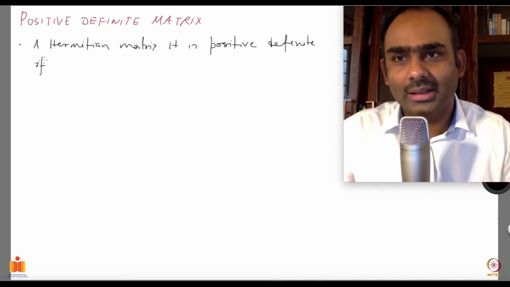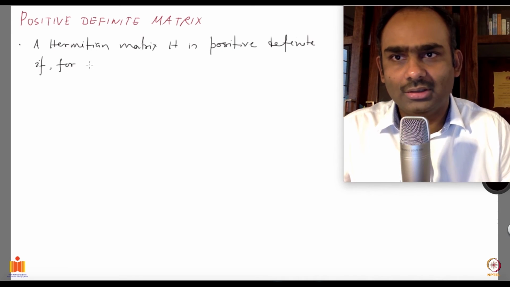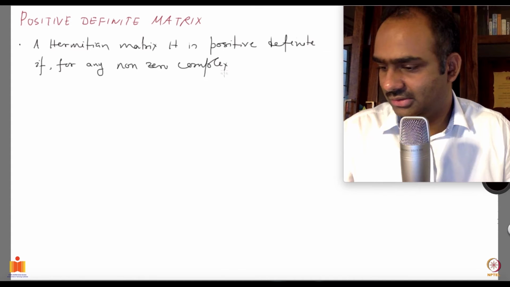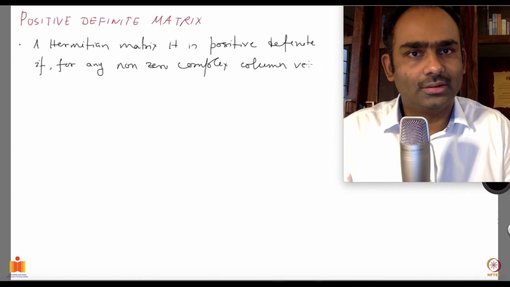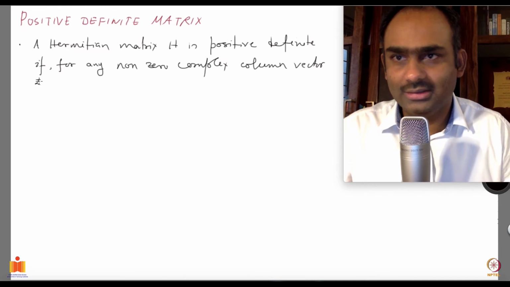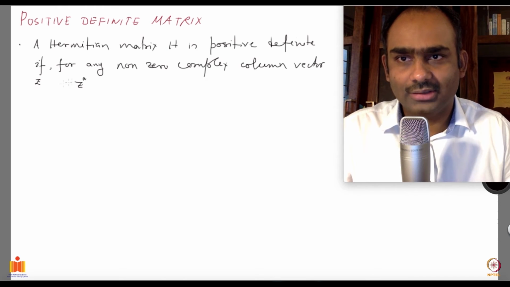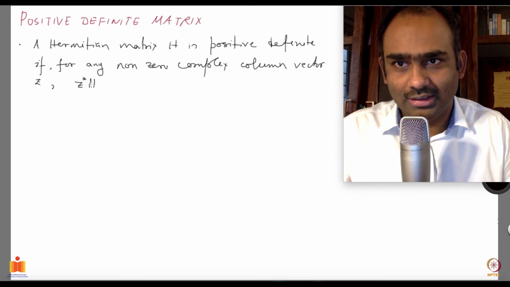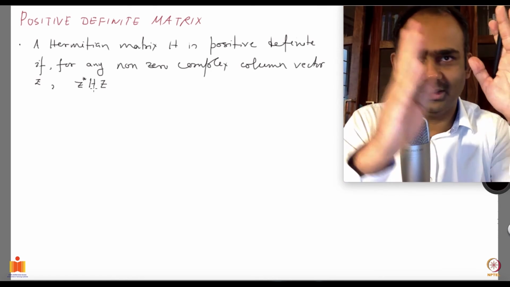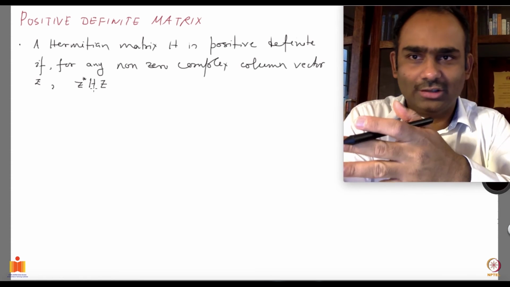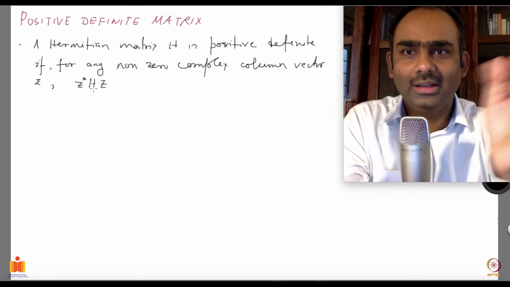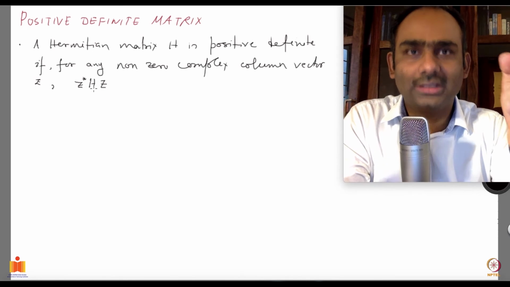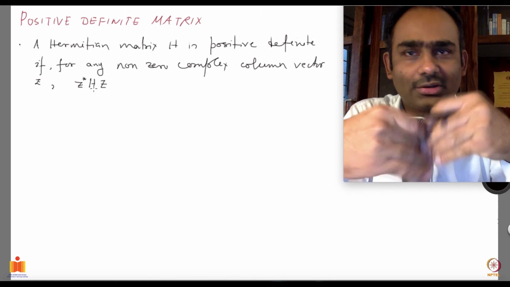So let me be more precise here. If for any non-zero complex column vector Z, Z star H Z, where Z star is the complex conjugate of Z. If you calculate this, here is a matrix H, on the right hand side you put a column matrix, on the left hand side you put a row matrix after taking the conjugate, and I'm saying that no matter what Z you take, for all Z, if this quantity turns out to be positive, then I will say that H is a positive definite matrix.